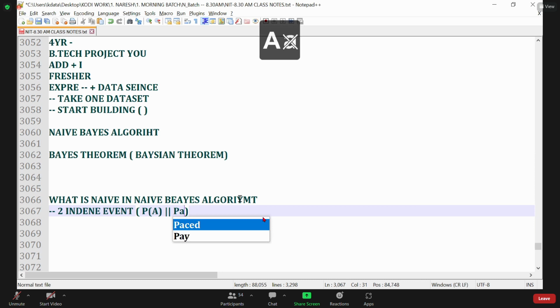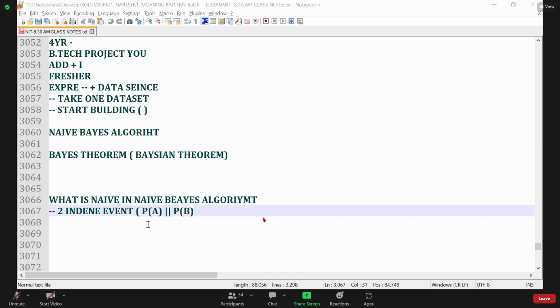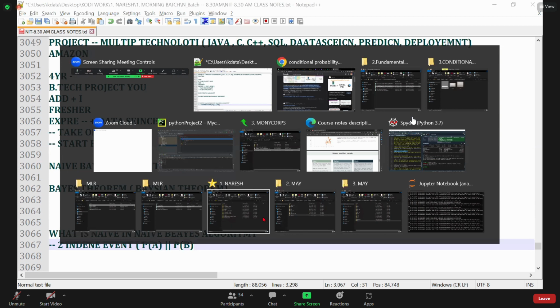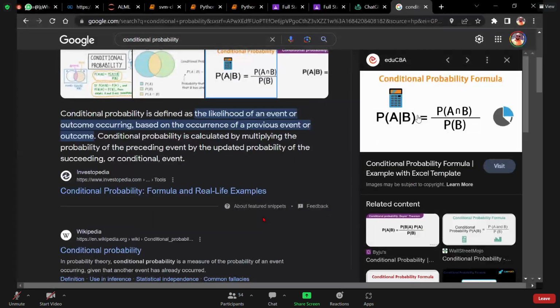We considered two independent events to compute the naive Bayes, so that's called naive in naive Bayes. So in this graph, we see two events, or not. A is one independent event, B is one independent event. So these two events we call naive in the naive Bayes algo. Am I clear, team? Okay.